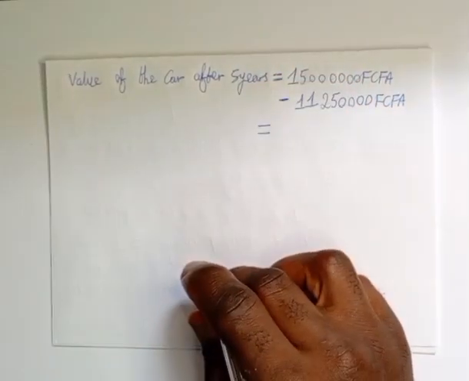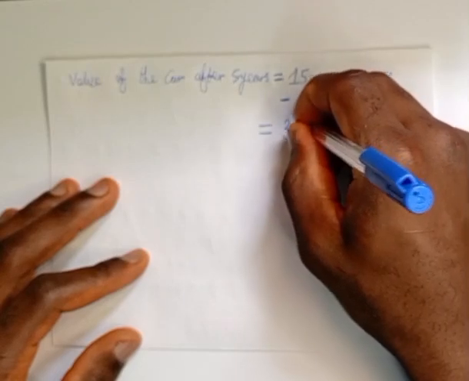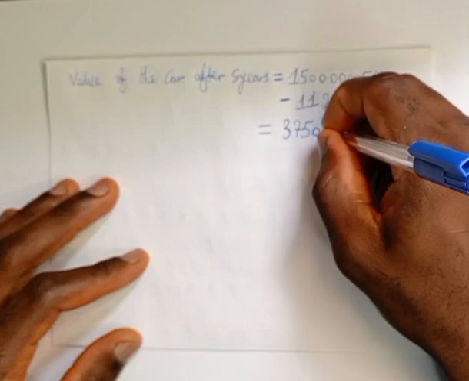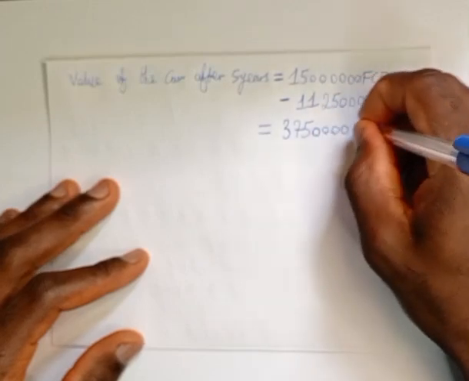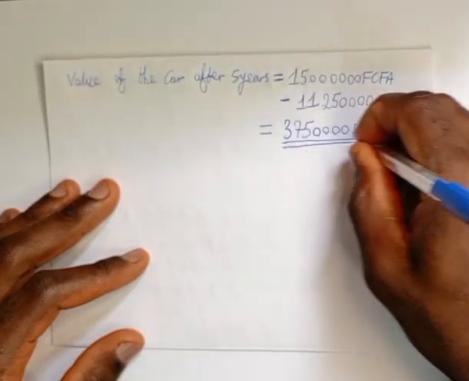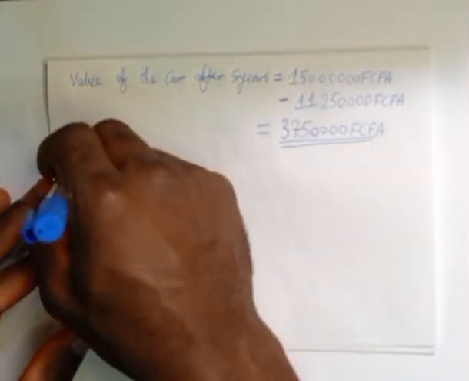This will simply be equal to 3,750,000 francs CFA. It simply means after 5 years, the car would be sold for an amount of 3,750,000 francs CFA. We move now to exercise 3.